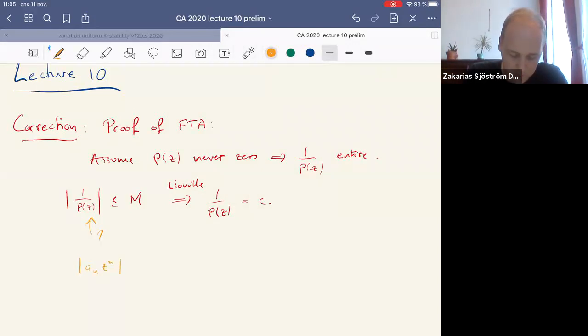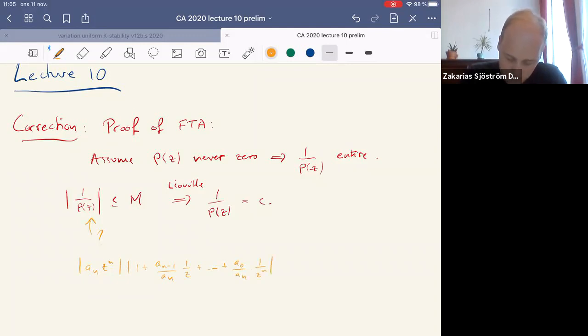If you want to write it formally, you can write the absolute value of P of z as the absolute value of a_n z to the n, times the absolute value of 1 plus a_{n-1} over a_n times 1 over z, and so on. The last term would be a_0 over a_n times 1 over z to the n.